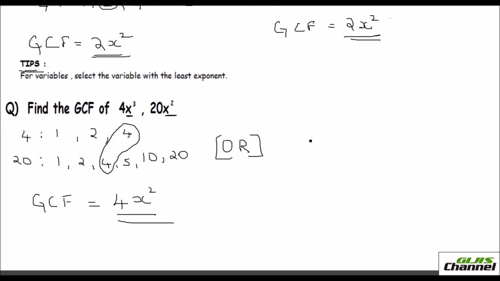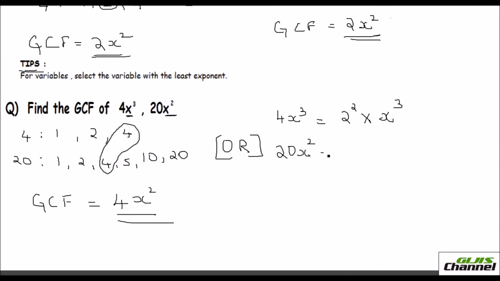So in this method, what did I say? You write it as prime factors, right? So I can write this 4x cubed as 2 squared, which is 4, times x cubed, x raised to 3. Okay. Now this 20x squared, let me write that too as prime factors.